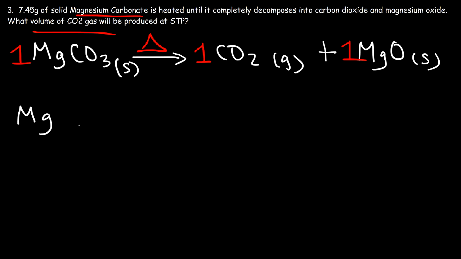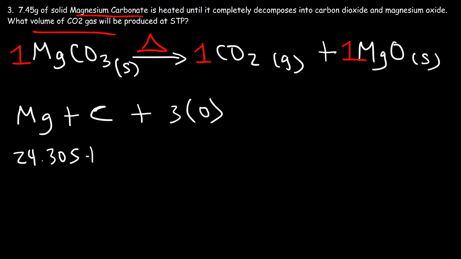So in magnesium carbonate, we have 1 magnesium atom, a carbon atom, and 3 oxygen atoms. So the atomic mass of magnesium is 24.305. Carbon is 12.01, and oxygen is 16.